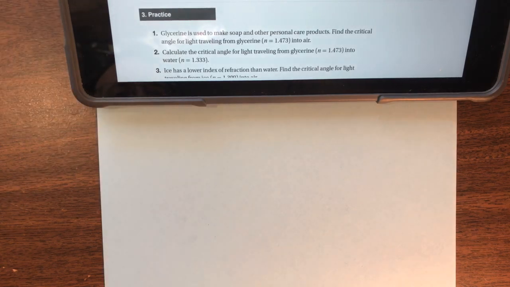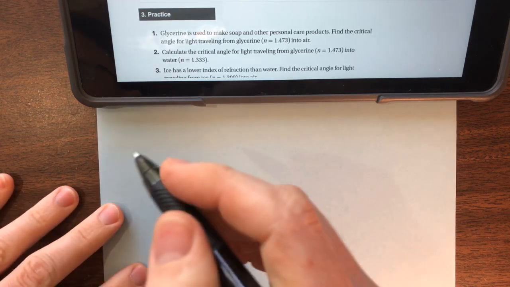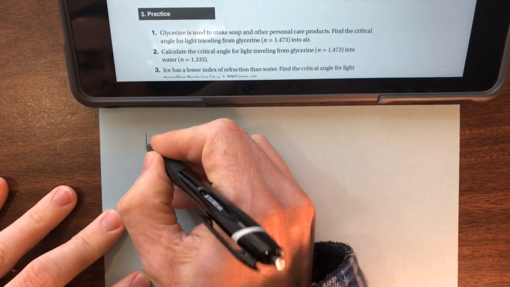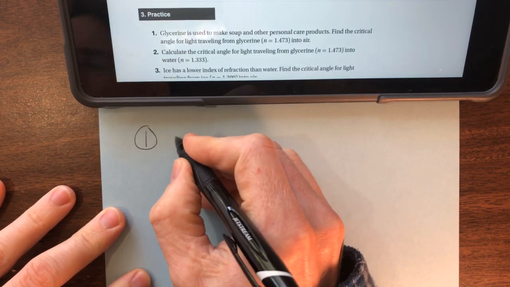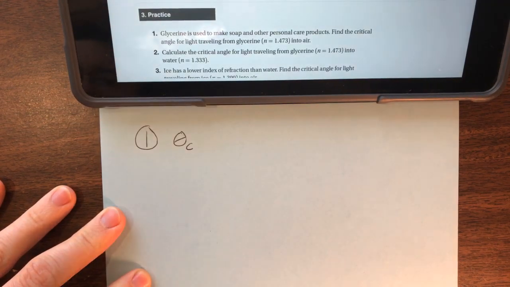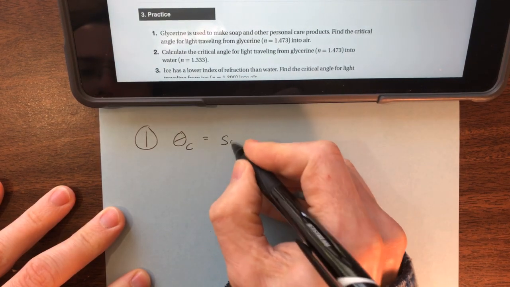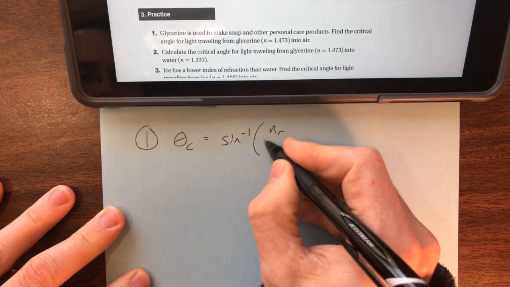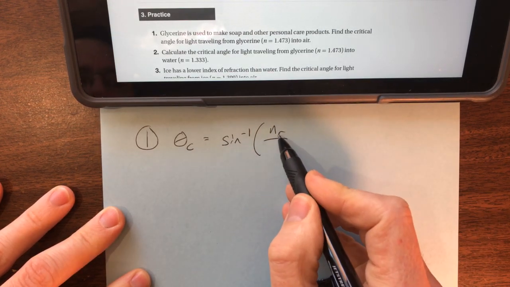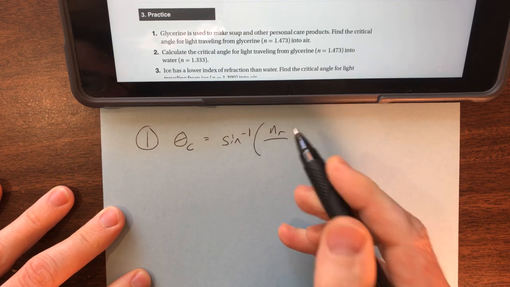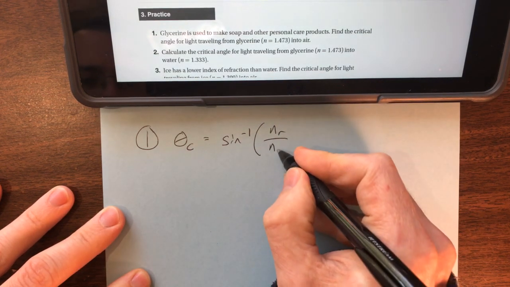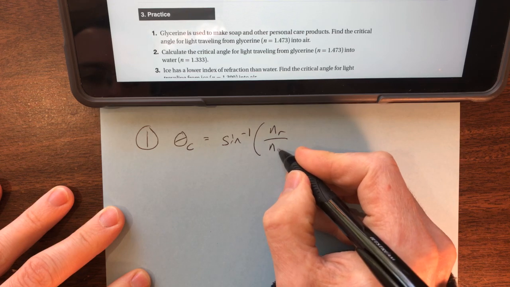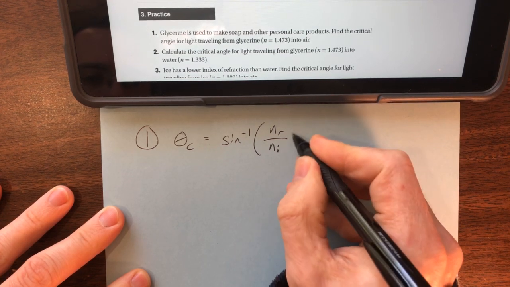Find the critical angle for light traveling from glycerin into air. And so we can go ahead and do that. Your equation, if you recall, was simply the critical angle equals the inverse sine of the index of refraction of the material that has the refraction in it over the index of refraction of the incident material.